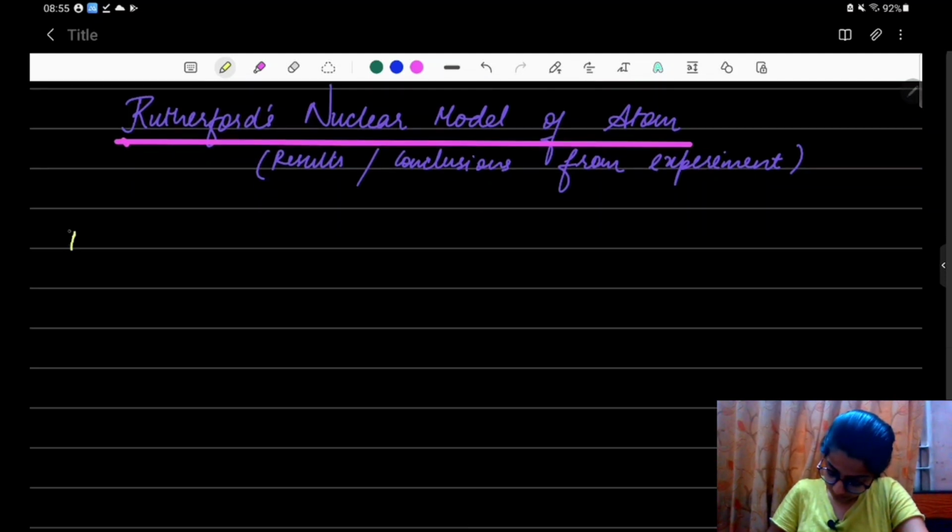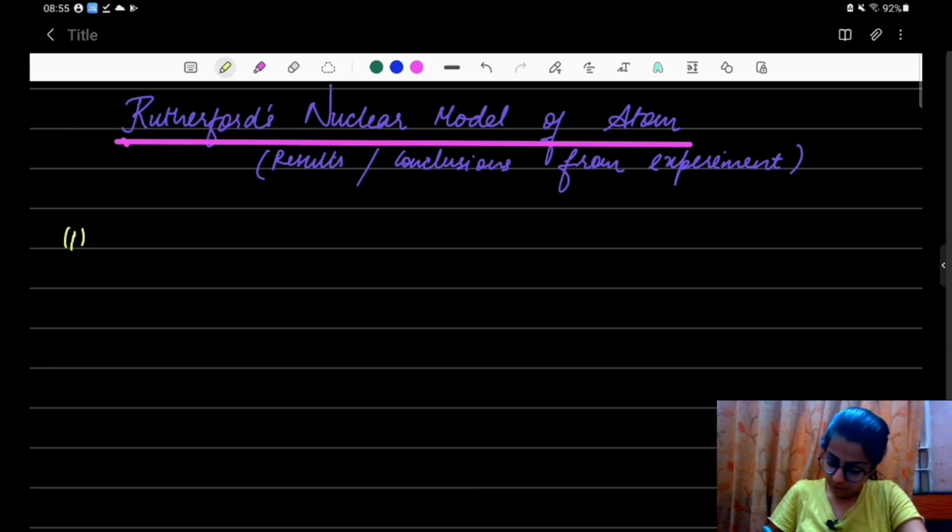First, if you have observed that 99.86% of alpha particles went straight, with no deviation, can you think that yes, if there is no deviation, the majority portion inside the atom is empty? Because no deviation means there is nothing which is going to obstruct the alpha particle.